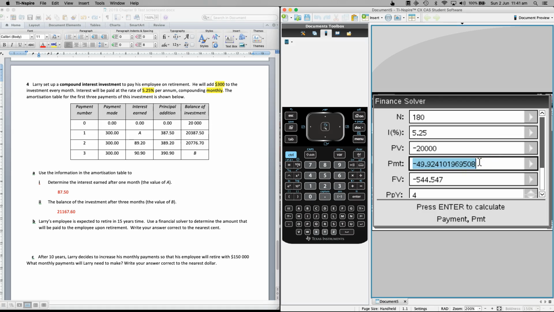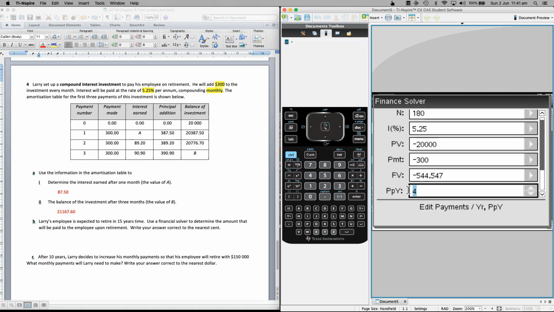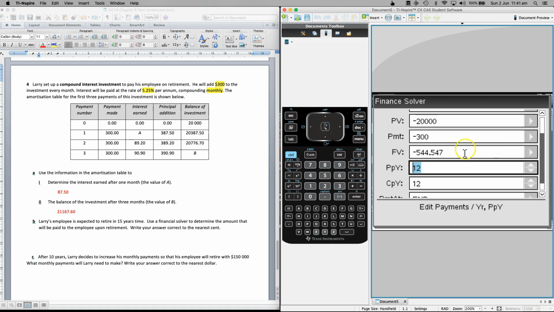And every month he's adding to that investment, which is at the bank, so it's going to be negative. Better change our compounding periods. Okay, and we're looking for the future value. So let's hit enter.